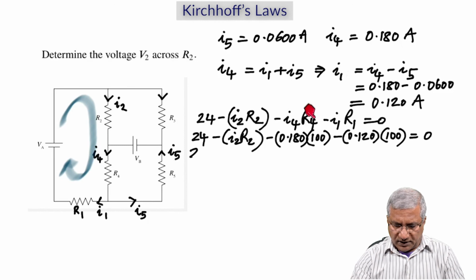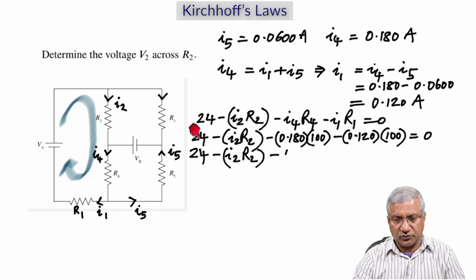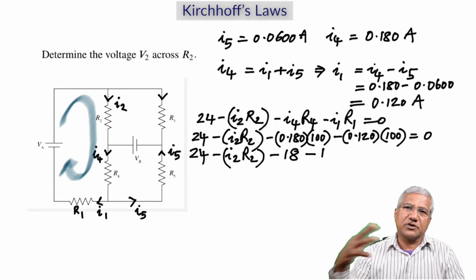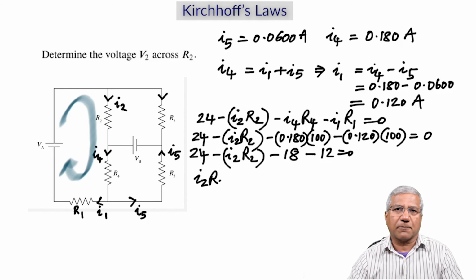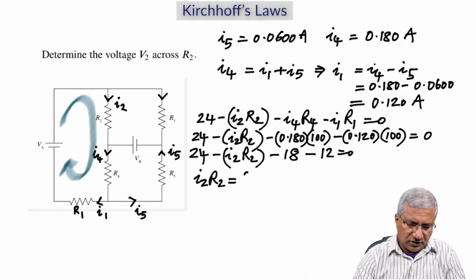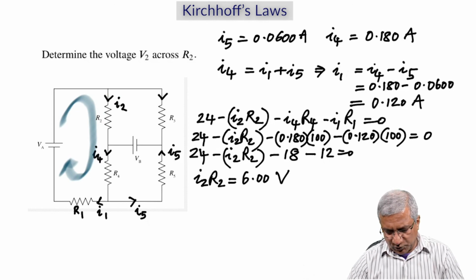Now that becomes 18, that becomes 12, so minus 30, right? Minus 18 minus 12 is minus 30, and then you got 24, so that's minus 6. When you take it to the other side, it's going to be 6 volt. That's it. So we know that the voltage drop here is 6 volt, which is what we were asked to find.